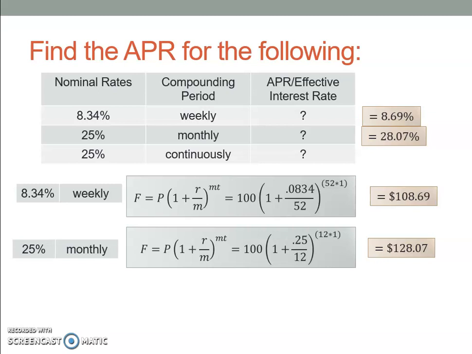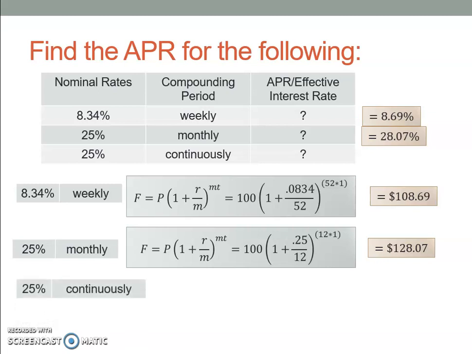That's good news because we're thinking of this as an investment. Now, usually if you have a credit card compounded monthly, and it says your rate is 25%, you're not really paying that. You're paying 28.07%, which is very unfortunate.